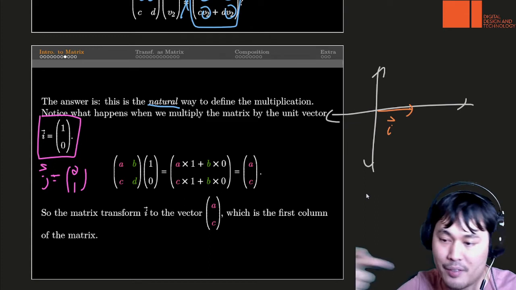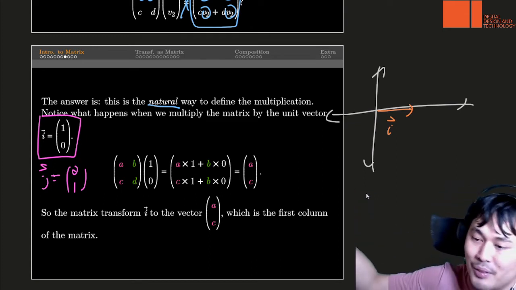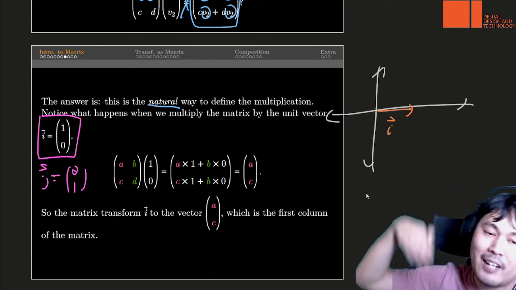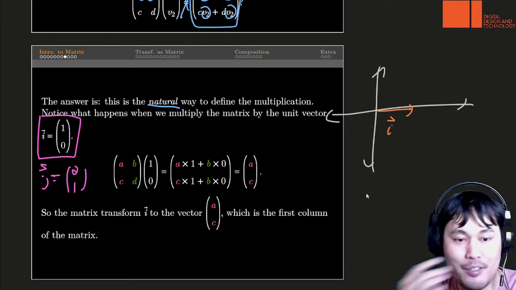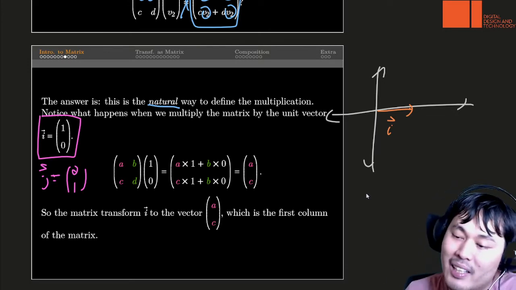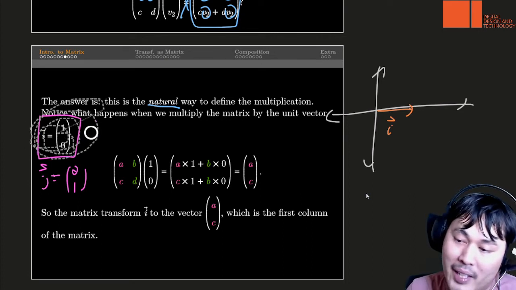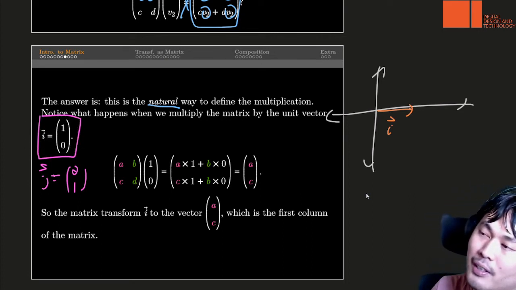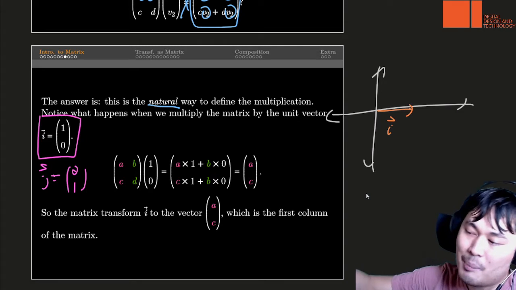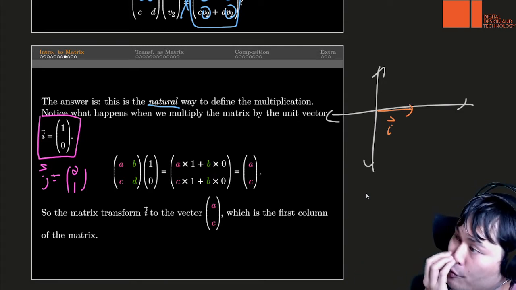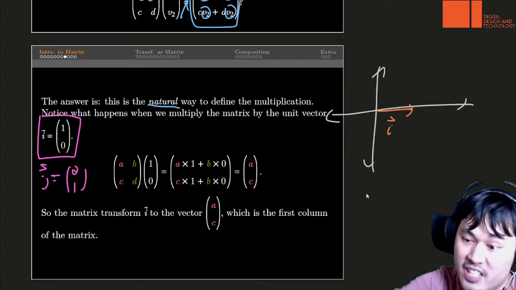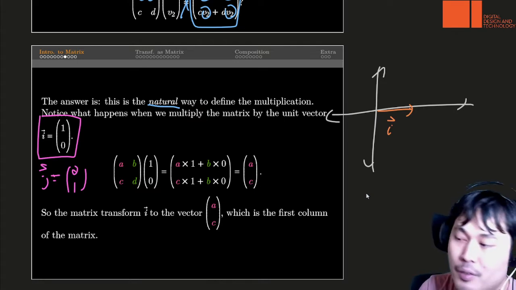Usually when I describe, okay, you move to the right, you move to the left, you move up, you move down, those are just words. It could be unclear somehow. But if you define it this way, then I can say, you move in the direction of i by 3 steps, you move to the opposite of j by 2 steps, for instance.